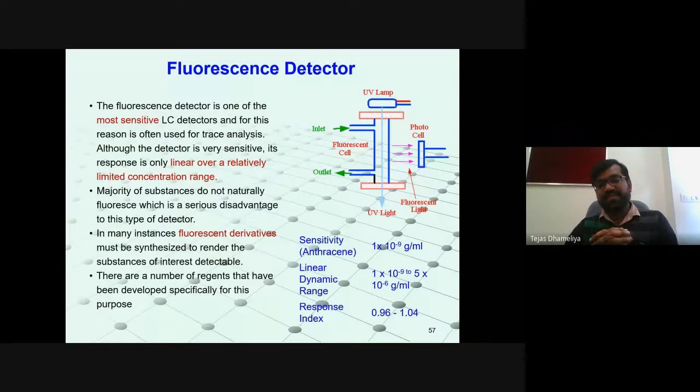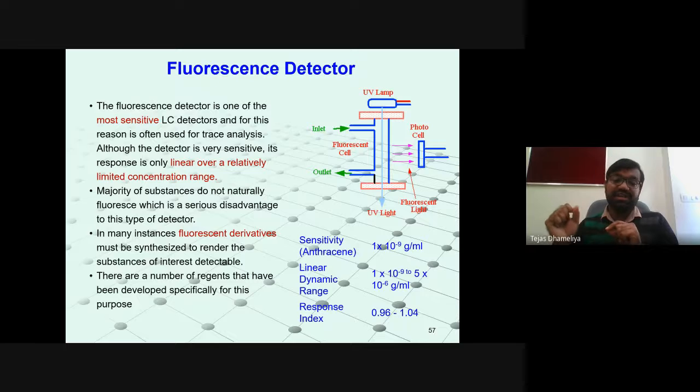Fluorescence detector. This is also used. Look at the sensitivity of this instrument, nanogram per ml. If your compound is having 1 ml containing 10 raised to minus 9 gram, 1 nanogram, we can even sense up to 1 nanogram of the compound using fluorescence.